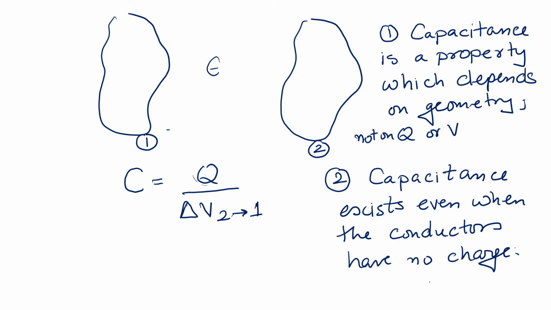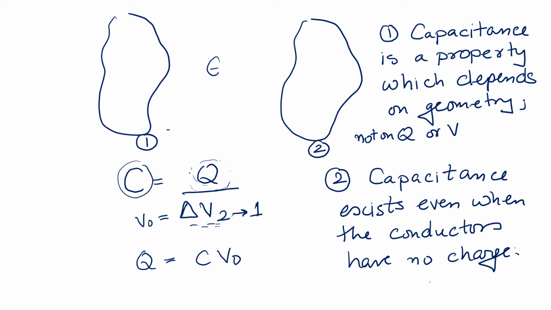Please don't think that capacitance only happens when I put charge on the conductors. Capacitance exists even when there is no charge. When I put a charge on the conductor, then the potential difference which is created would be related to that capacitance. Or if I put a battery with voltage V, then the charge which would be deposited on the conductors would be given as CV.